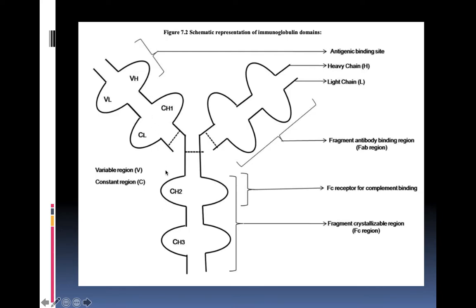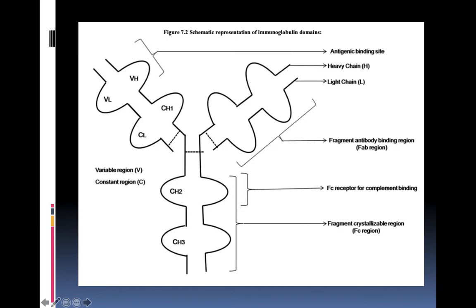We expect the amino terminals at these ends of our light and heavy chains, while the ends of the light chain and the heavy chain proximal to the fragment crystallizable, within the FC region component, are the carboxy terminal.